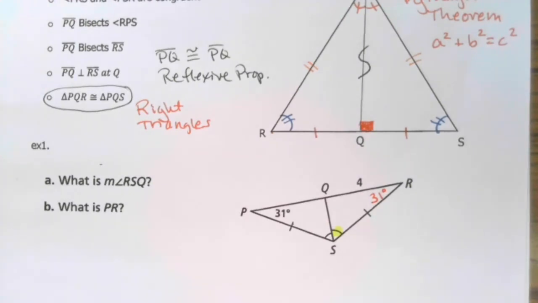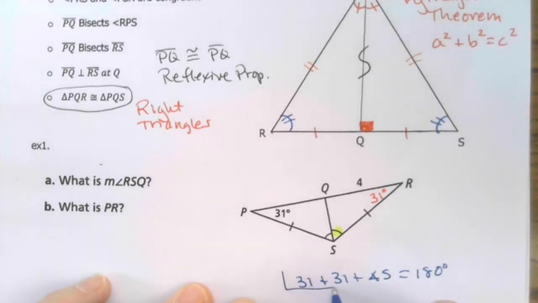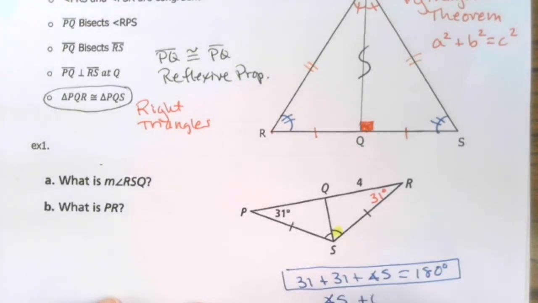All right. Now that we've got the angles, we can tell that S is split evenly between the one we want and the other side, but we can use the triangle sum theorem to figure out angle S. So 31 plus 31 plus angle S has to be 180 degrees. 31 plus 31 is 62, so angle S plus 62 is 180.